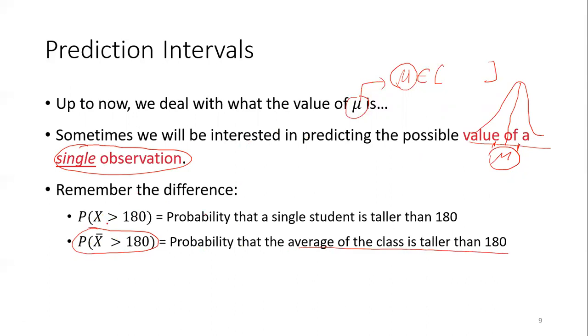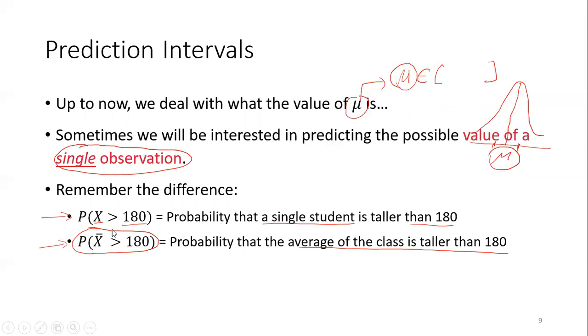And look at this probability, the probability that x is greater than 180. It's the probability that a single student is taller than 180. So these two are different, right? This is the probability for a single guy. This is the probability for the average of a class.